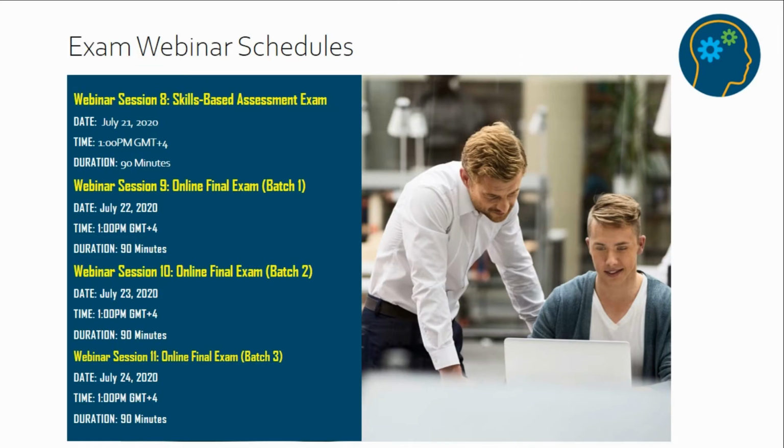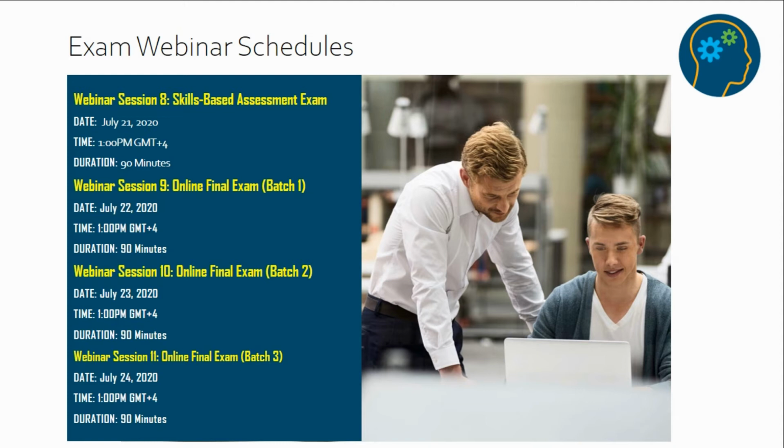Okay. Then we have also plotted our exam webinar schedules. So take note that our skills-based assessment exam is scheduled on July 21. Our online final exam will be scheduled from July 22 up to July 24.